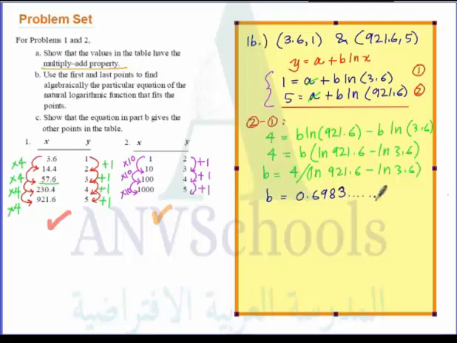Okay, so what we're going to do next is to substitute this value of b into equation 1. It could be equation 1 or equation 2, depending on which one you prefer to deal with. So I'm going to substitute this b into equation 1.